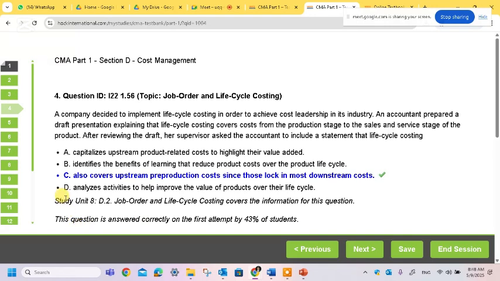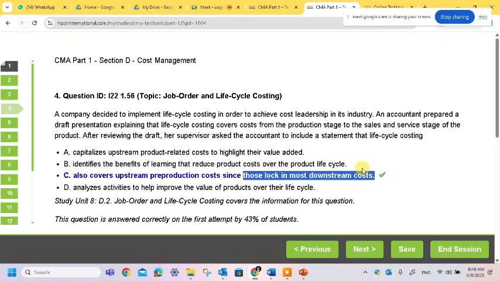Life cycle cost also includes upstream production cost, research and development, initial setting up cost, everything has to be included. And what's the meaning of this part? Since those lock in most downstream cost. See, once a product is designed, then in the manufacturing phase, you can't reduce the cost much, because according to the design only you have to manufacture.